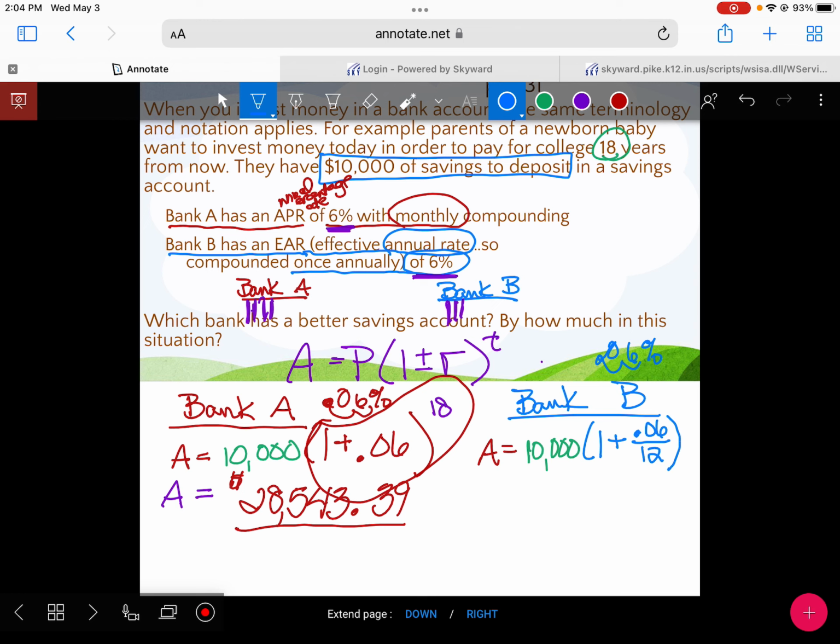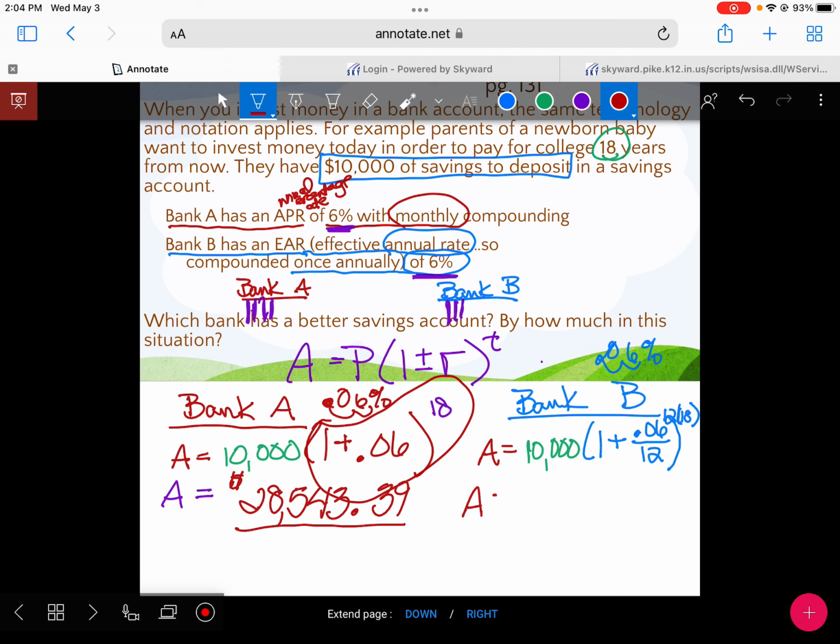And because it is being compounded monthly, I need to raise it to the 12 times 18. Because it's 18 years, but we need to figure out times the 12 months.